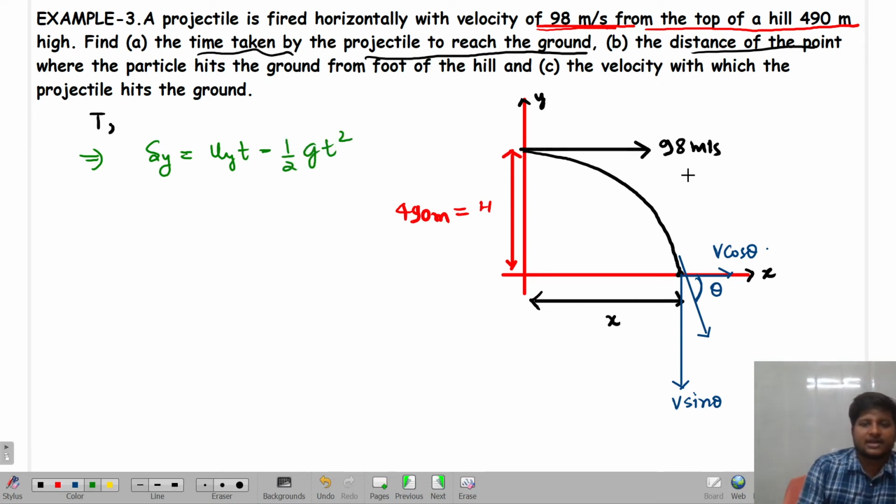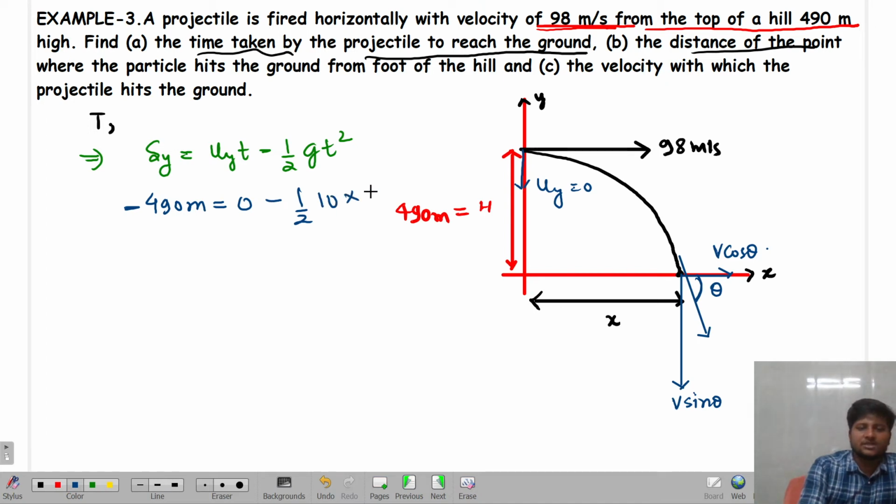Now, since the particle has initial horizontal speed, initial vertical speed u_y is going to be equal to 0. So what is the displacement along the vertical? That is equal to 490 meters. Initial speed is 0, minus half g, now this is a downward displacement, so minus 490 meter equals minus half g, 10, into t square.